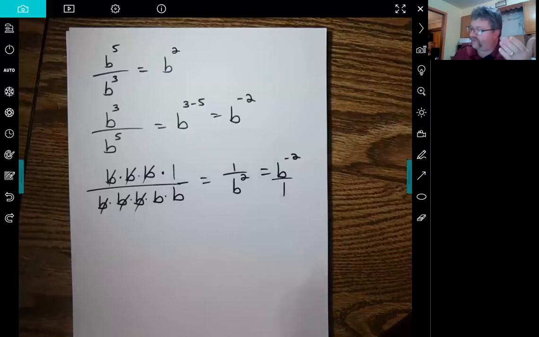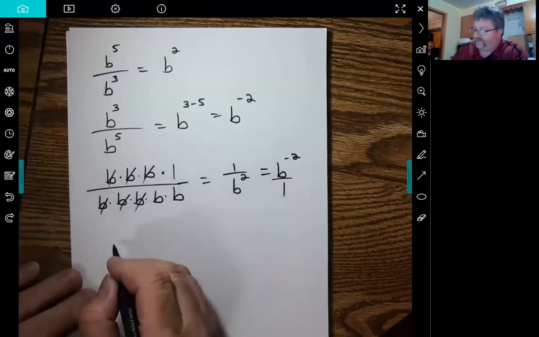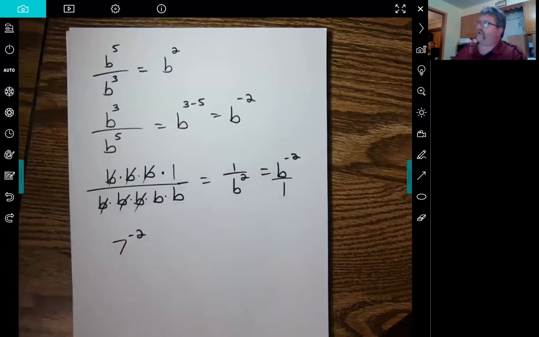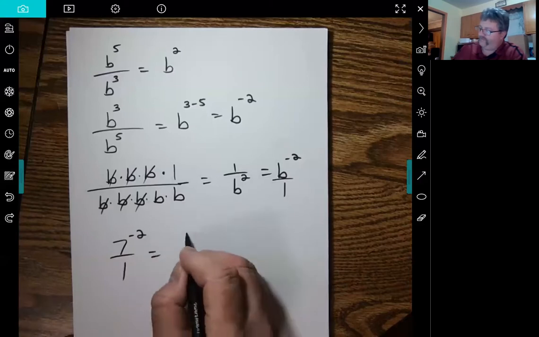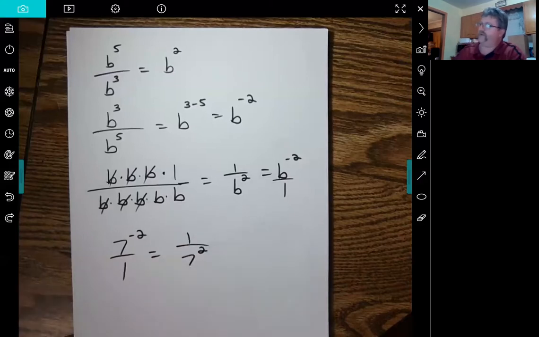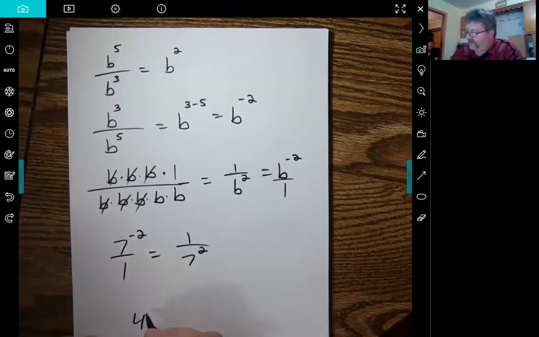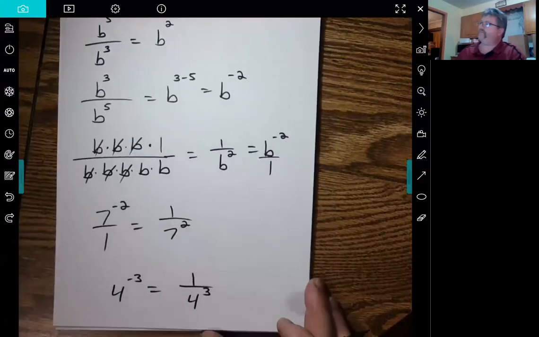But part of our simplification process is always going to be to clear those negative exponents out of there. But let's just practice the rule here. So if I have 7 to the negative 2, I can think of that as a fraction over 1. It's 1 over 7 to the positive 2. Okay, if I have 4 to the negative 3, it's 1 over 4 to the positive 3.